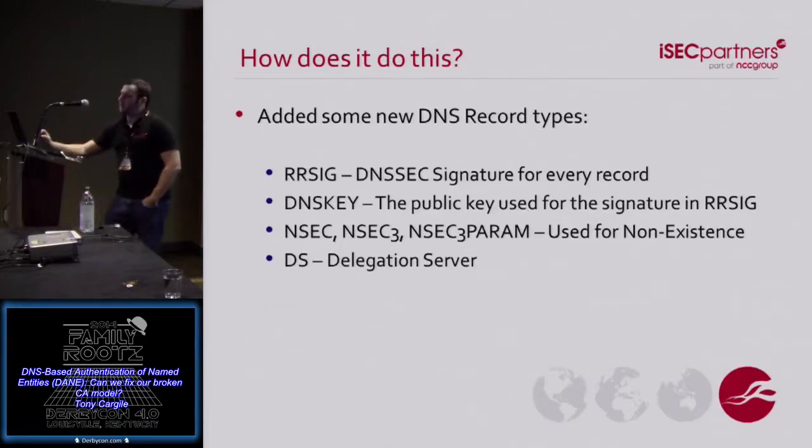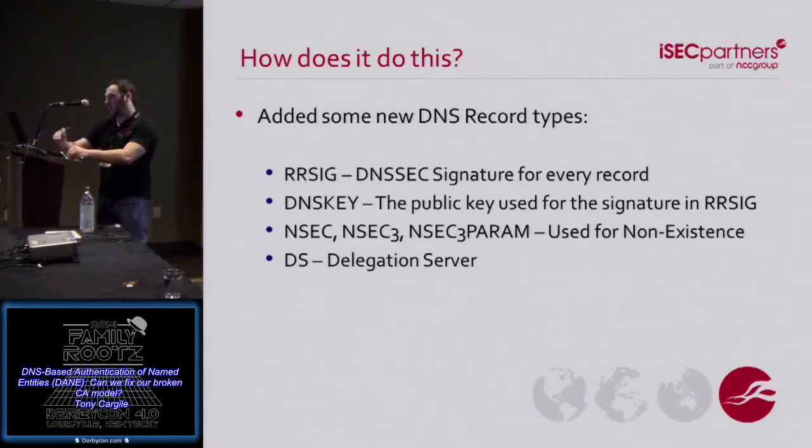So what it does is it adds a few new DNS record types. Namely RRSIG: for each one of the records in your DNS zone, you're also going to have a correlating RRSIG, which is simply the signature of that DNS record. So for every A record in your zone, you're going to have an RRSIG record that's just a hash of that A record.